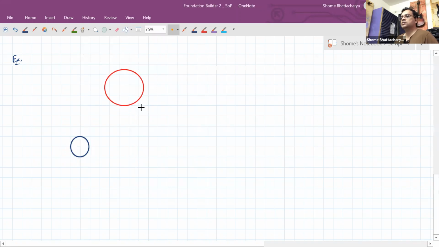So instead of aiming the velocity vector such that it does not pass through the center of this one, this is our center to center line from this point to this point.